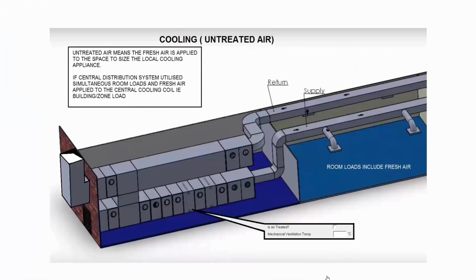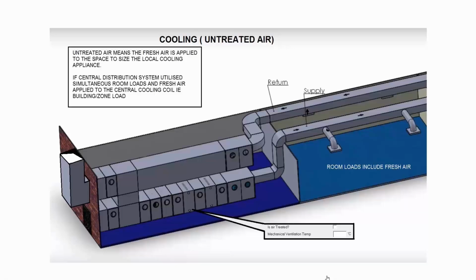Here we can see a non-typical setup where you have the room spaces provided by central air conditioning or air handling plant. And we can see here that we've got the room load applied to the space. Now you can see the little caption at the bottom there, is air treated. If it's not treated, effectively what you're doing, you're ventilating air into the space totally untreated.